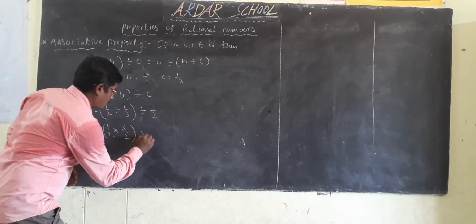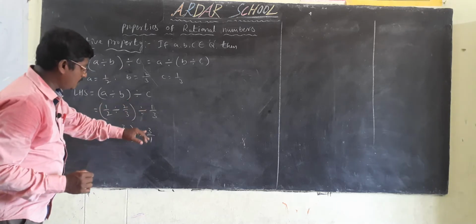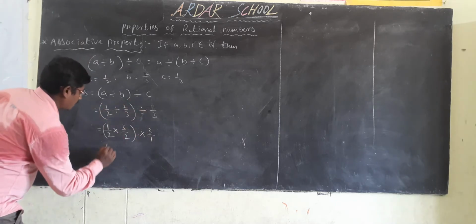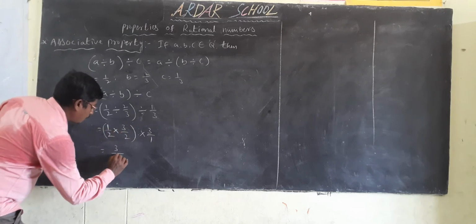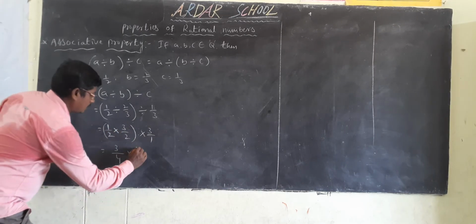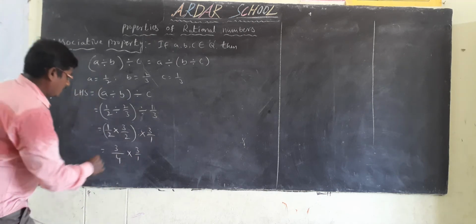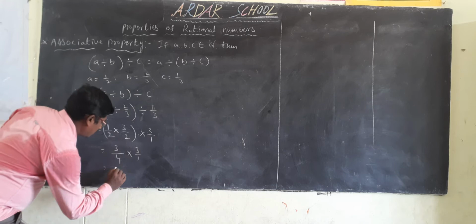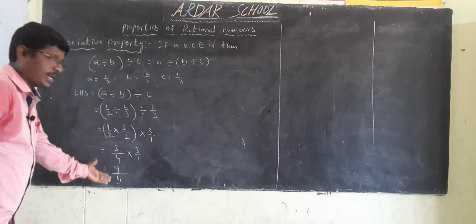Next, the reciprocal of 1 by 3 is 3 by 1. So here 1 3s are 3, 2 2s are 4, into 3 by 1. So that is equal to 3 3s are 9, 4 1s are 4. That is, LHS is equal to 9 by 4.